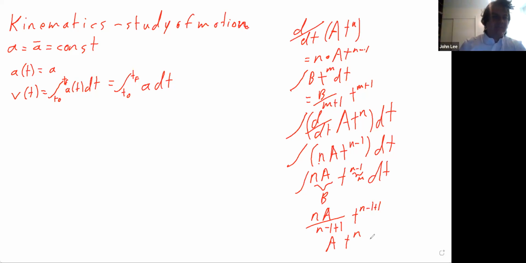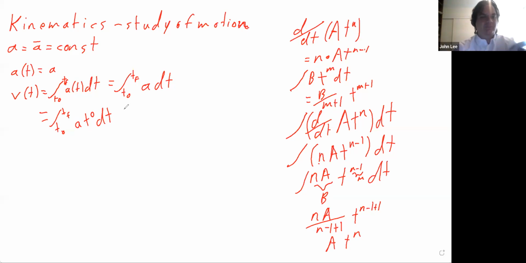So in this case, v of t is equal to the integral from t naught to t final of a t to the 0, because any value to the 0 is equal to 1.